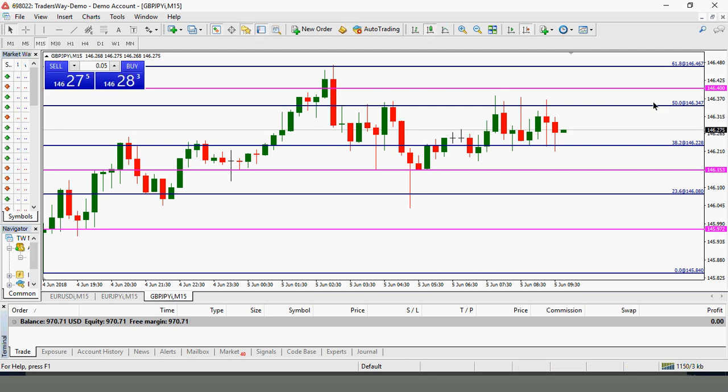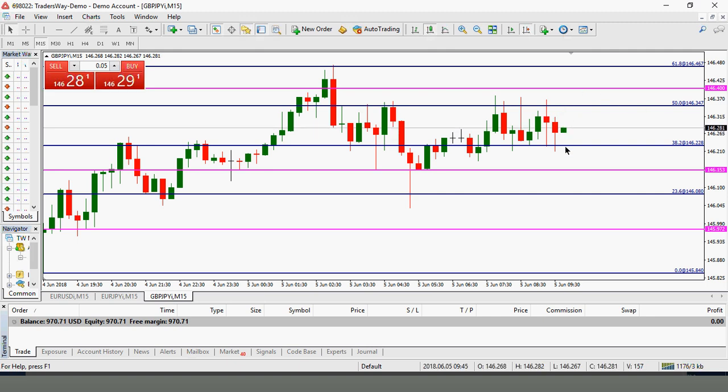If it breaks through this fib line and closes above 146.447, which shows that it's breaking out of consolidation, I will use RSI as an indicator to get into the trade, to enter into a buy.